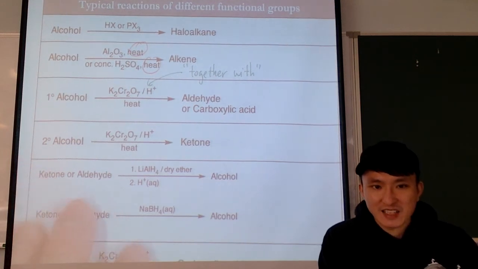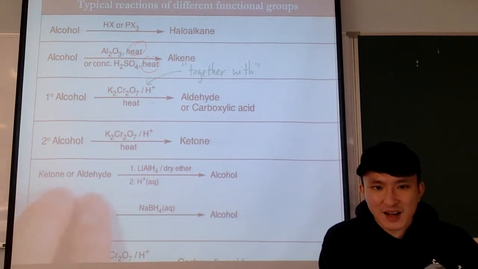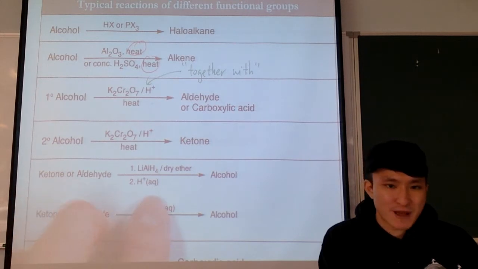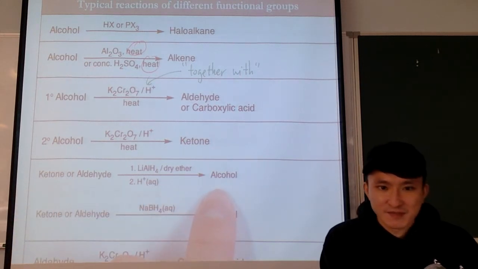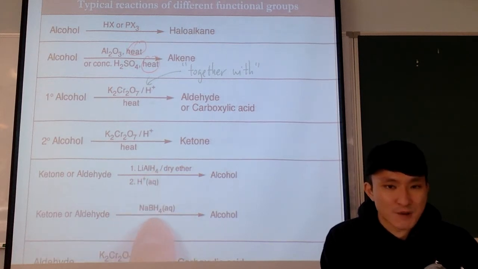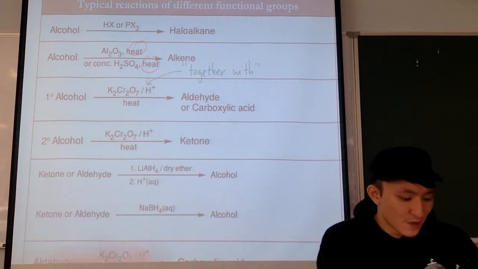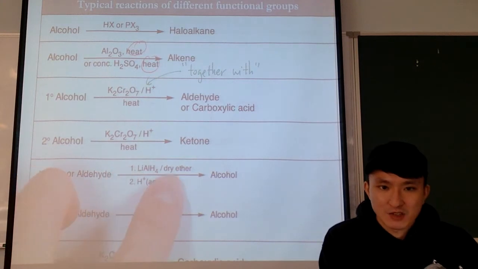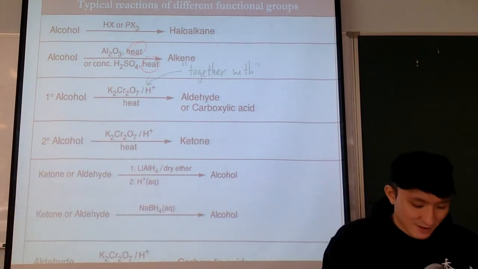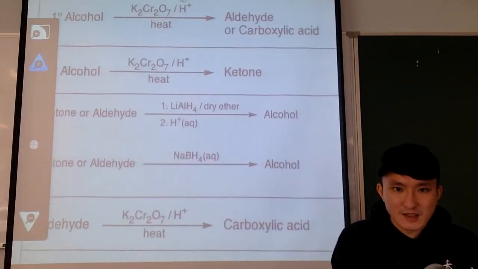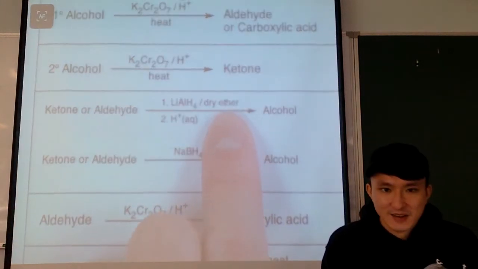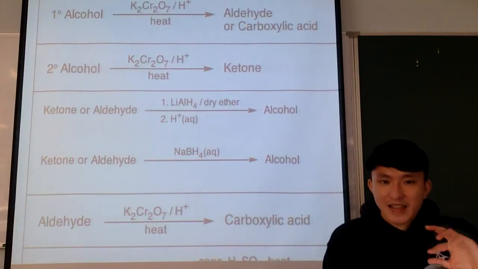Now, aldehyde and ketone can be reduced back to the alcohol. It could either be lithium aluminum hydride or sodium borohydride. If you remember, lithium aluminum hydride must be used together with dry ether. You must use dry ether. And remember, it's two steps.